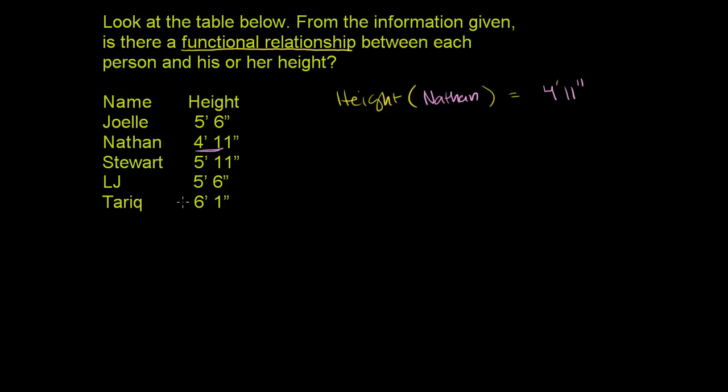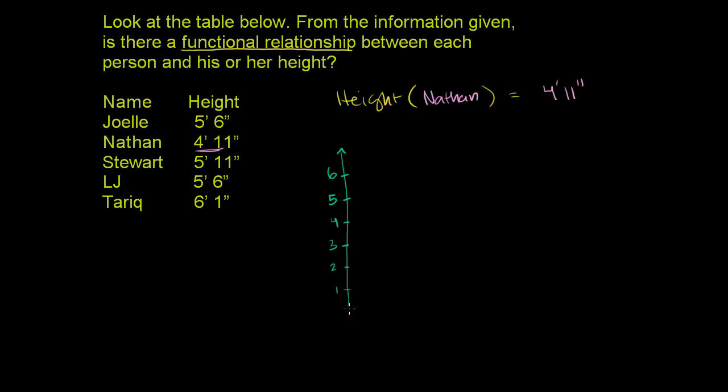And we can even see that on a graph. Let me graph that out for you. The highest height here is 6'1". Let me start out at 1 foot, 2 feet, 3 feet, 4 feet, 5 feet, and 6 feet.